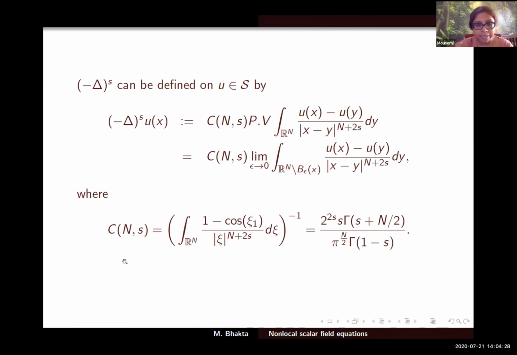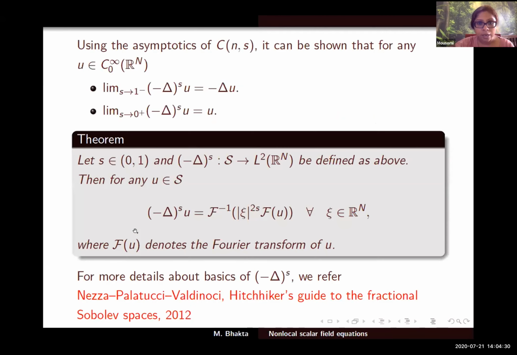If you study the asymptotics of this constant, one can see that as s goes to 1, (-delta)^s u approaches minus Laplacian u, and as s goes to 0, it approaches u. So there is a limit as s goes to 1, which is the Laplacian. There is also another motivation behind calling it the fractional Laplacian, which is the main motivation.